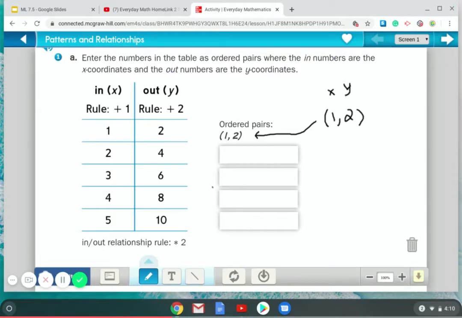Okay, so now I'm going to write the ordered pair here for 2 and 4, 2 and 4 being, again, vocabulary word, corresponding terms. And then in your notebook, go ahead and give it a shot and write 3, 6, 4, 8, 5, 10.